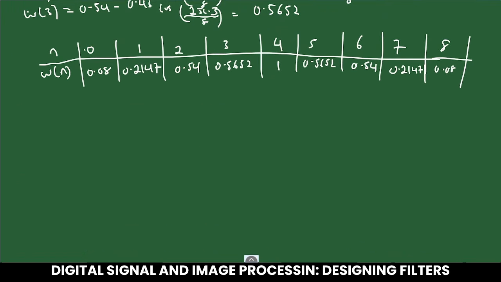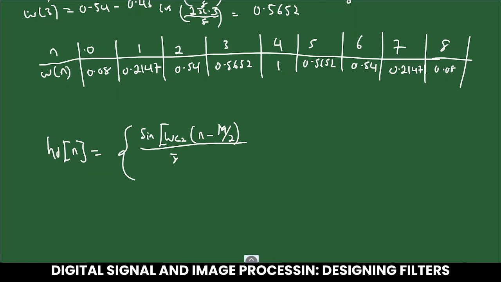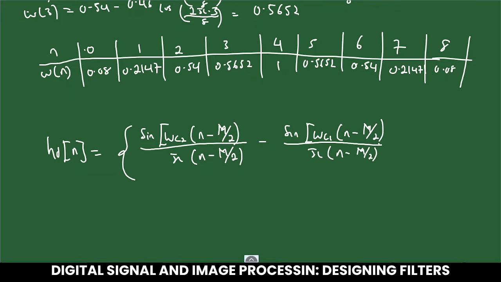That's hd of n is equal to sine of WC2 into bracket n minus M on 2 all over pi times n minus M on 2, minus sine WC1 into n minus M on 2 all over pi times n minus M on 2.